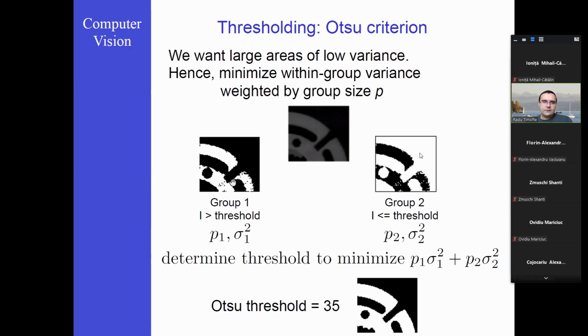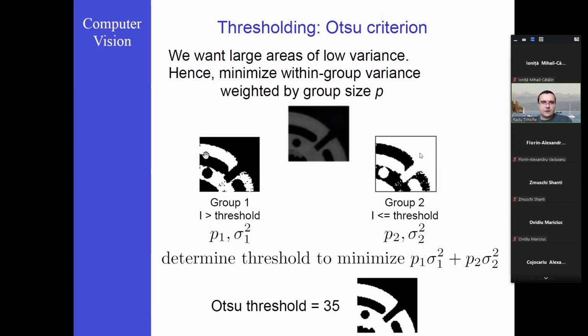Okay, so we have a group that corresponds to the foreground, and we have another group that corresponds to the background, and we want the group 1 and the group 2 to satisfy this relationship as much as possible. So here we are just getting the within group variance.